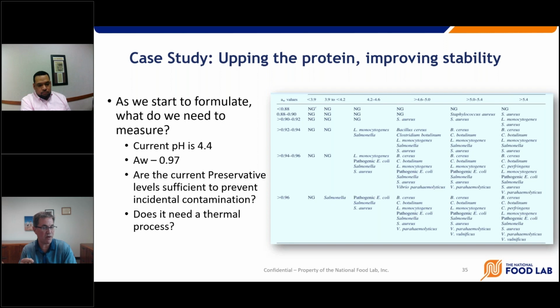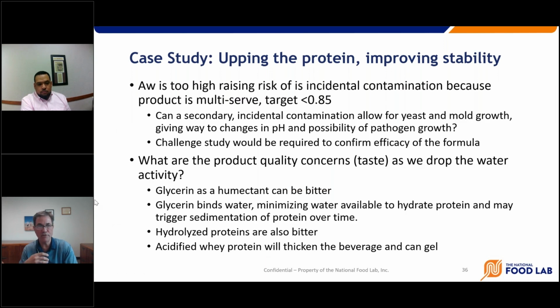Would that make this product safe, right? So you can clearly get it into the bottle with a thermal process, it'll be safe. And then because it's in the bottom right-hand side of the chart, above 4.2 with a very high water activity, there is the risk that you could potentially recontaminate the product, which means you're going to have to do some sort of challenge testing, right?